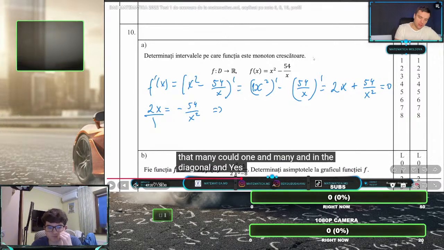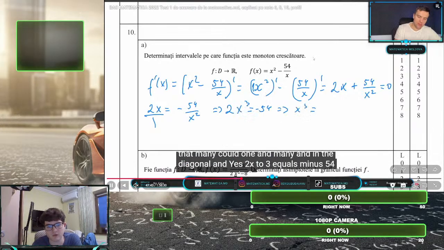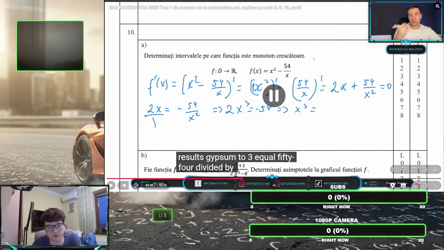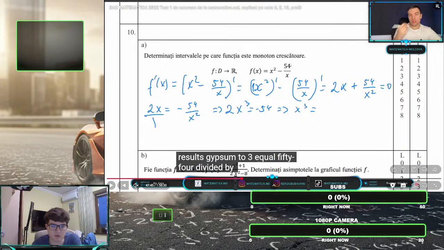Alright. So now, I think he multiplies by the denominator, I'm not really sure, to find x, and then we're going to put values for x or something like that. So multiply by x squared, and you're going to have 2x to the power 3 equal to minus 54.